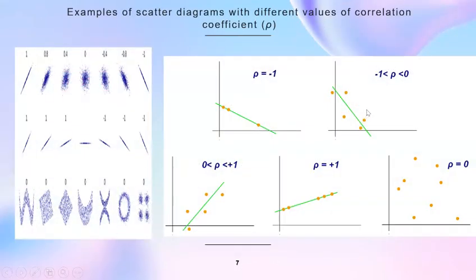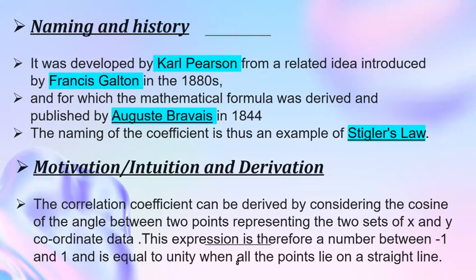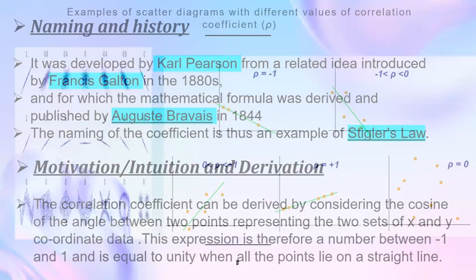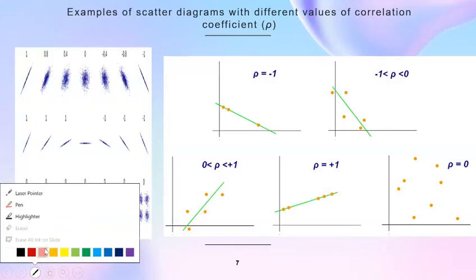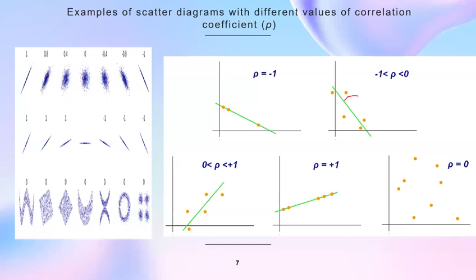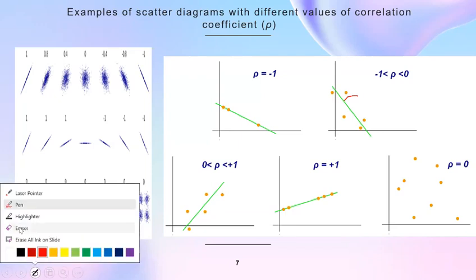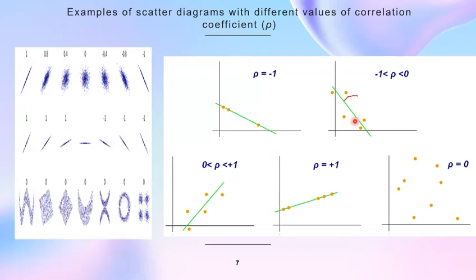Here we can see that p is either equal to -1 or p is less than 0. In both cases, we are going to get a negative sort of correlation. In the cases where p is greater than 0 or is coming towards +1, there would be a positive correlation in a scatter plot diagram, and same with the cases here.